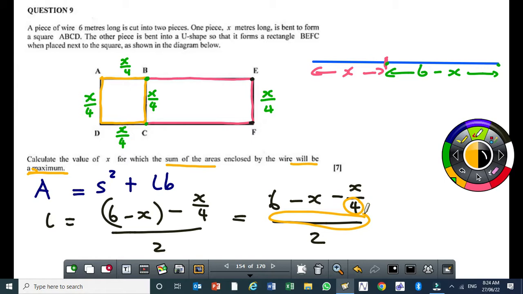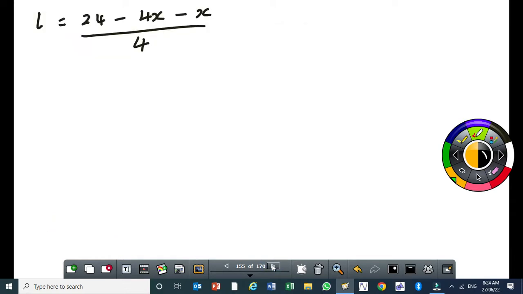Sign. Remember I told you that it's always better, when you're working with algebraic fractions, to convert a division line to a division sign. So then it will be divided by 2 over 1.